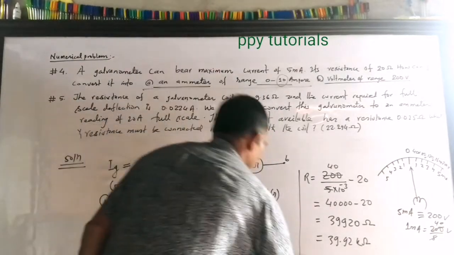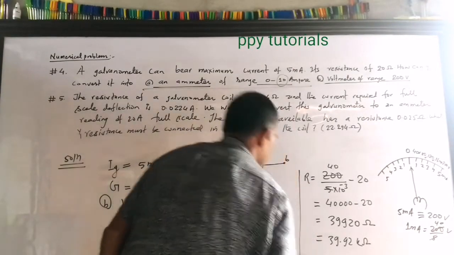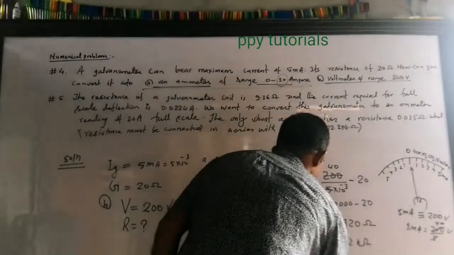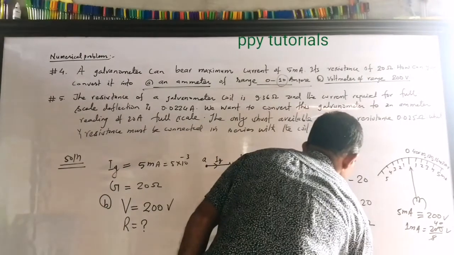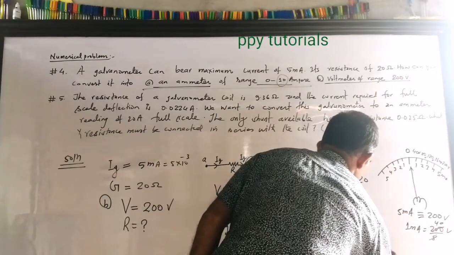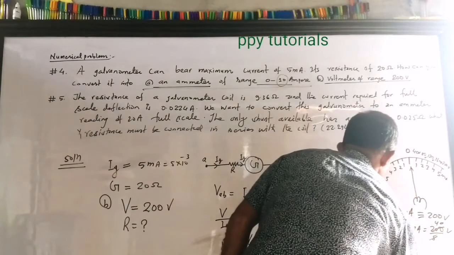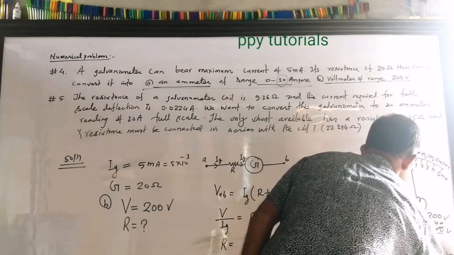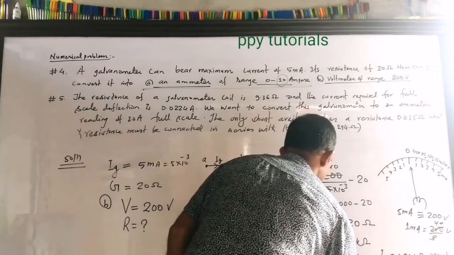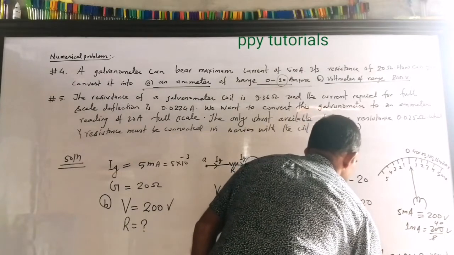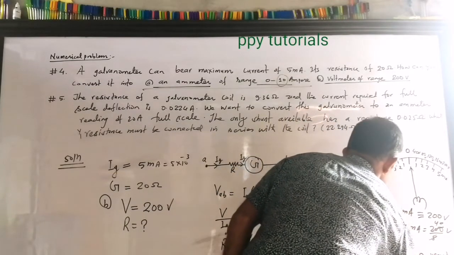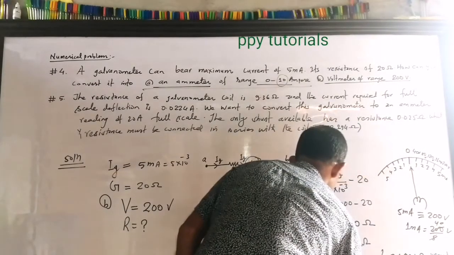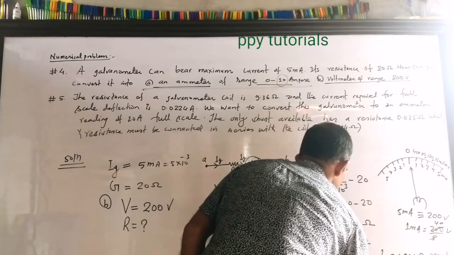I think you understood, and if you can, conclude. Always write the conclusion, because it looks so beautiful, and it will give you good marks. Hence, we can connect 39.92 kilo ohm resistance in series to convert the given galvanometer into a voltmeter.